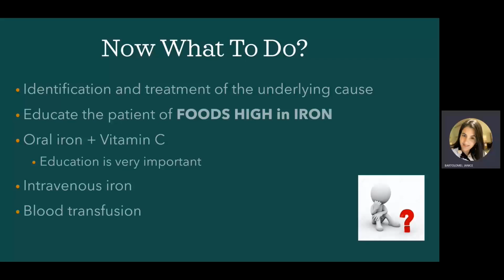Once the client is diagnosed with anemia, what we need to know is what's causing it, so that we can treat the cause. Meanwhile, some of the things that we can do is educate the patient about high iron foods.